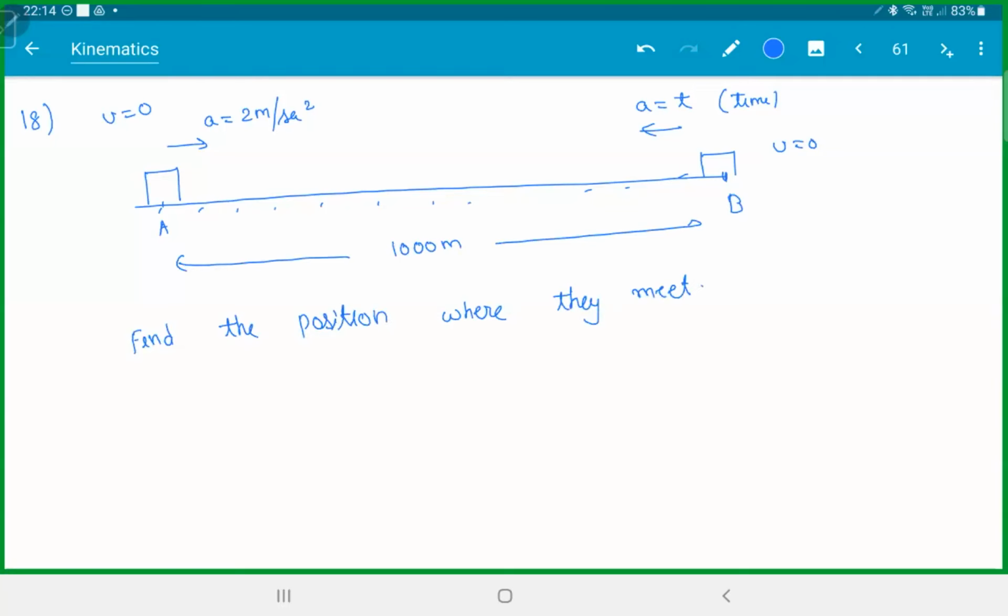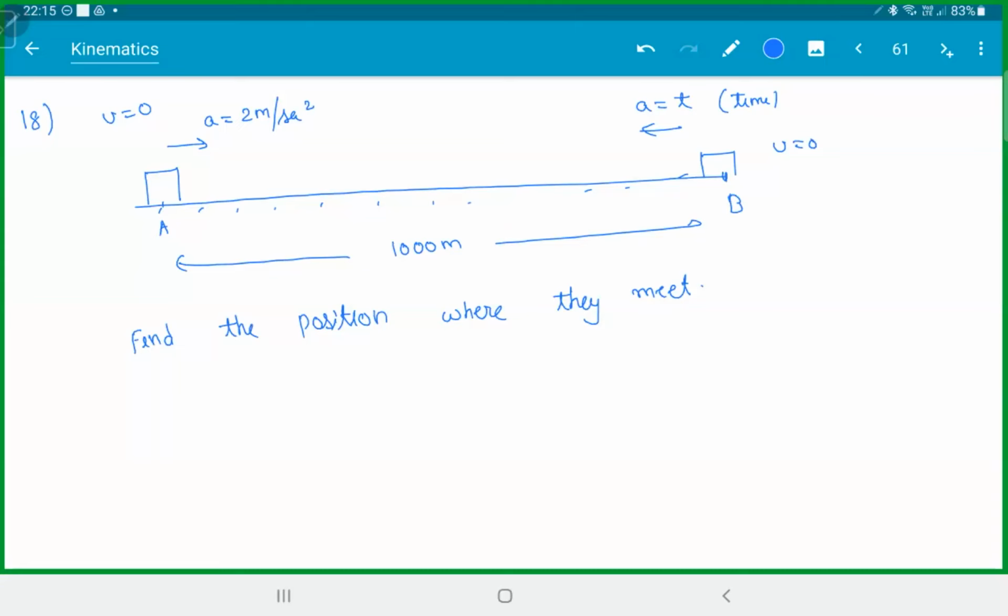So there we brought a non-uniform acceleration into this. We have one vehicle going with 2 meter per second square, one vehicle going with a equal to t. T is time. As time passes, acceleration becomes more and more. Find the position where they collide. Just get me the equation and leave it. No need to simplify.